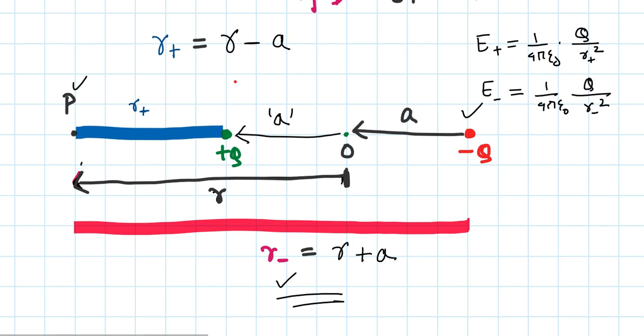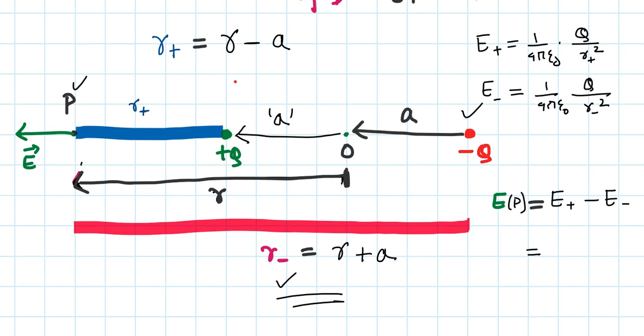These are just magnitudes, not in vector form, so I do not need the minus. And I had already mentioned earlier that the magnitude of the total electric field E at P will be nothing but the difference of the magnitudes E plus and E minus. Subtract them and you will get the answer.